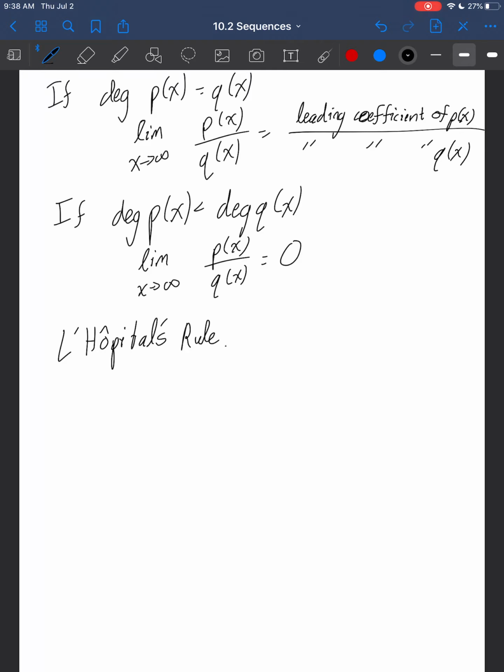Actually, really fun math story with L'Hopital's rule. So L'Hopital was not actually a mathematician. I believe he hired Cauchy kind of as his personal mathematician, as rich people were just crazy rich back in that time. I believe it was probably around the 1700s.